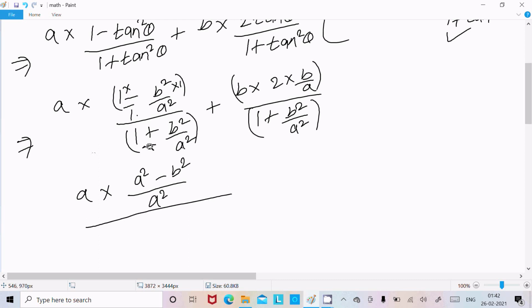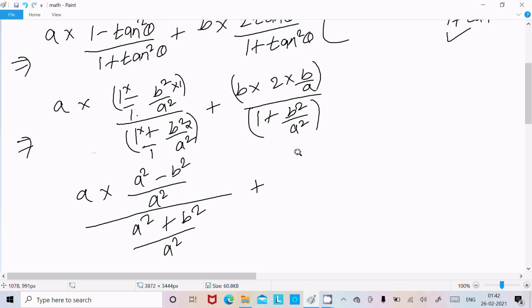The same thing, going to take the LCM: a square, 1 divided by a square, a square multiplied with 1, a square divided by a square, 1 comes 1 multiply with b square. So this is the b square.